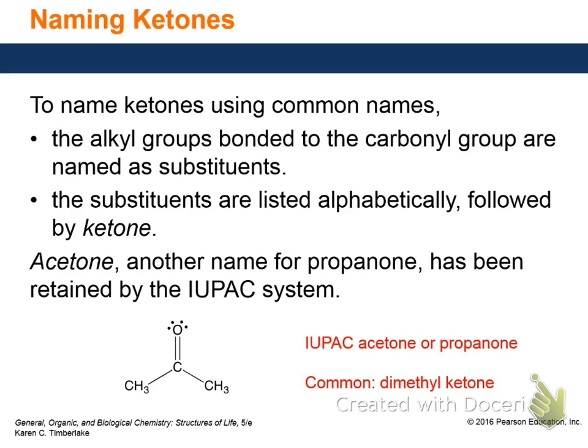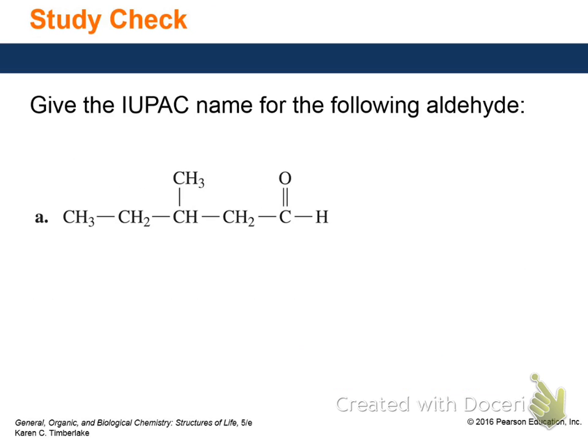Okay, so ketones. Ketones are different than aldehydes. Oh, I want to show you one other thing, actually. Sorry. Back up. There's a couple of ways that aldehydes get drawn out. One is just this, C, H, and O. Sometimes students get this confused with a different functional group, either a carboxylic acid or an alcohol, okay?